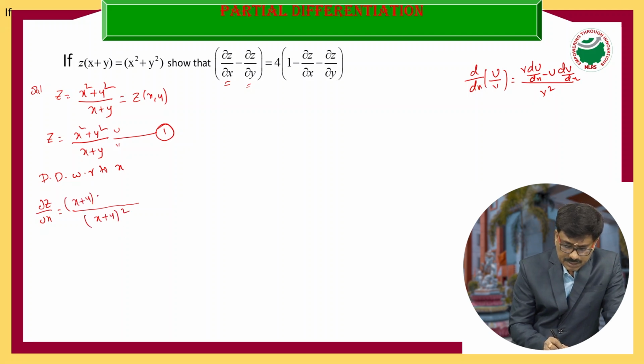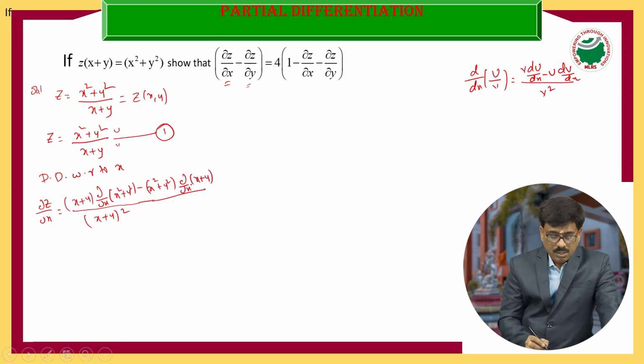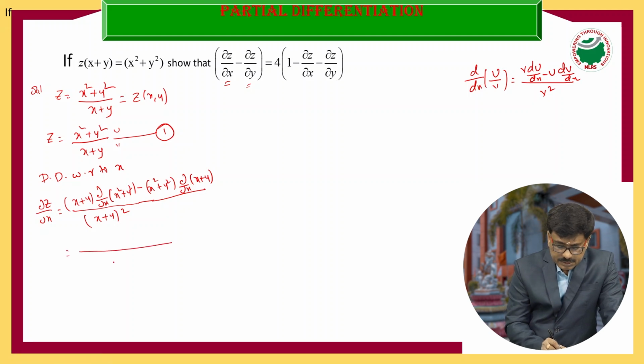How do you write this one? (x plus y) partial derivative with respect to x of (x square plus y square), minus (x square plus y square) into partial derivative with respect to x of (x plus y). Now, if I simplify, this becomes (x plus y) into derivative, which is 2x, minus (x square plus y square), derivative is 1.